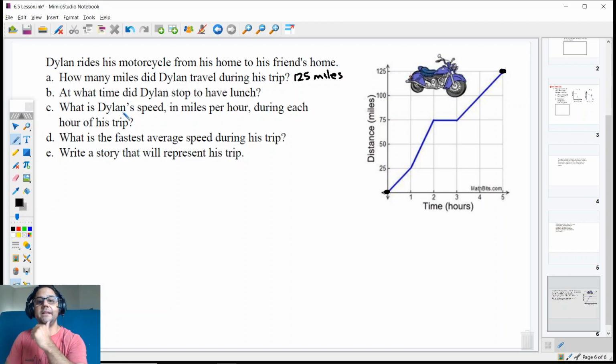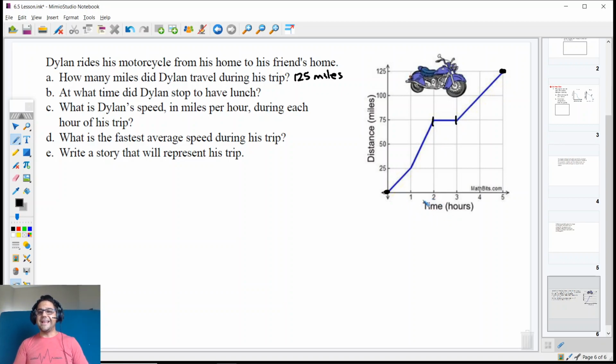At what time did Dylan stop to have lunch? Now remember, for the stopping, we said the time is still going to be increasing, but the temperature, or in this case, the distance, would not be changing at all. It's that constant piece, the flat location. Right here is when he stopped. So in other words, you could say he stopped after 2 hours.